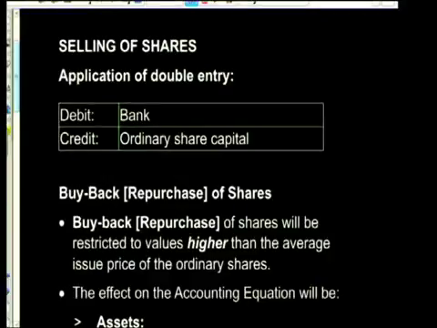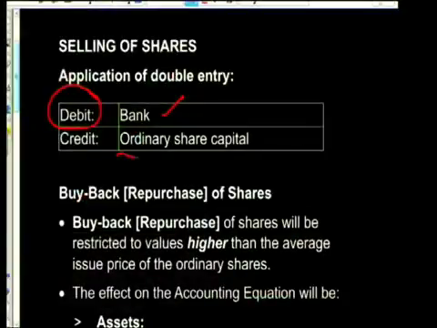Right, now, if we go and look at what are the double entries that we want to put through when we have a buyback of shares. Number one, when we sell shares, let's go to the start. Very simple. A debit to my bank account. Why?